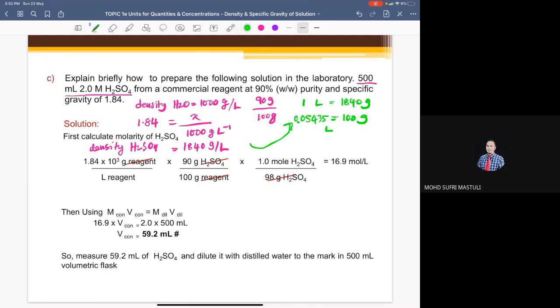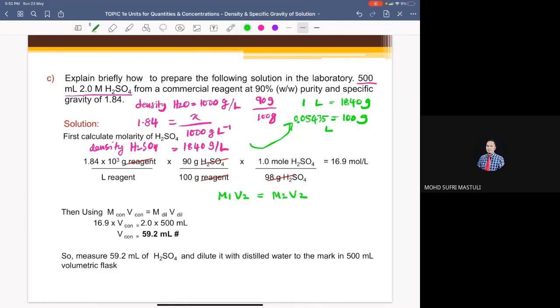So by using M1V1 equals M2V2. So M1, not yet.